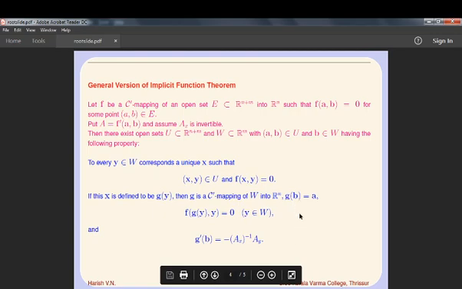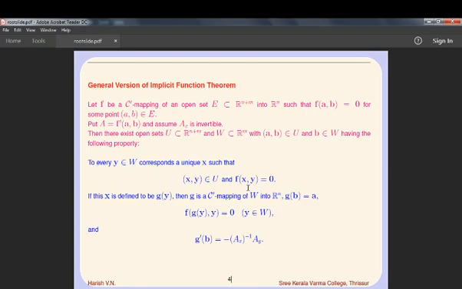And here f of a comma b is equal to 0, and we want to solve x in terms of y. So definitely we must have a equal to g of b.